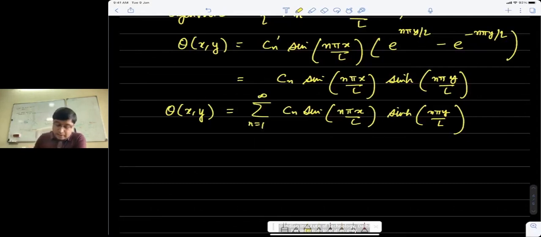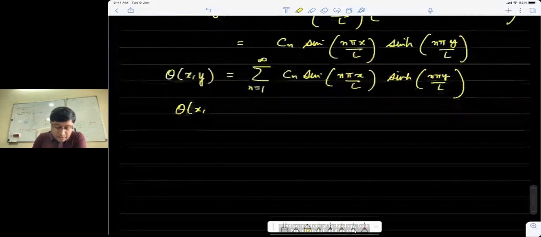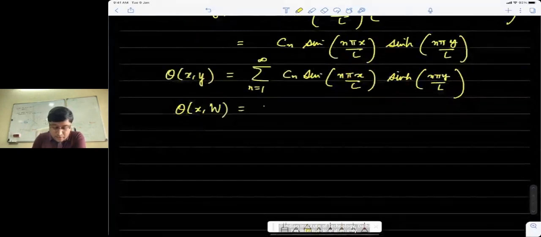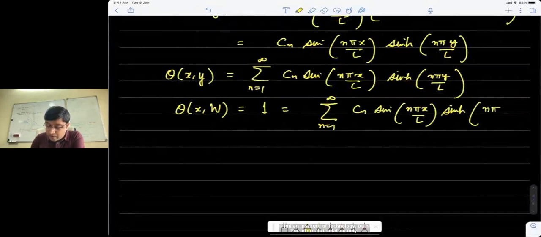So if I put that, the last boundary condition, I get theta x comma W, which is 1, equal to the sum over n from 1 to infinity of Cn sine(n pi x by L) sinh(n pi W by L).